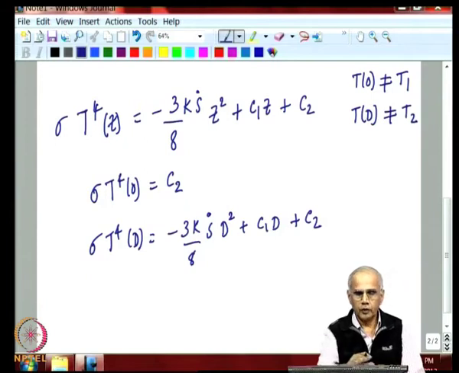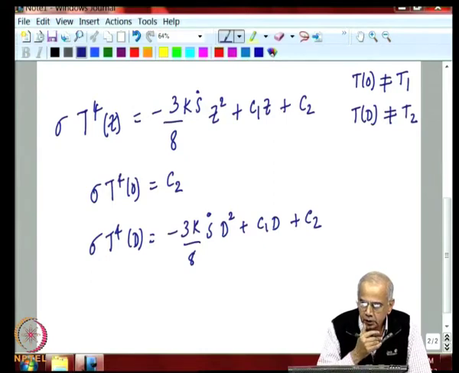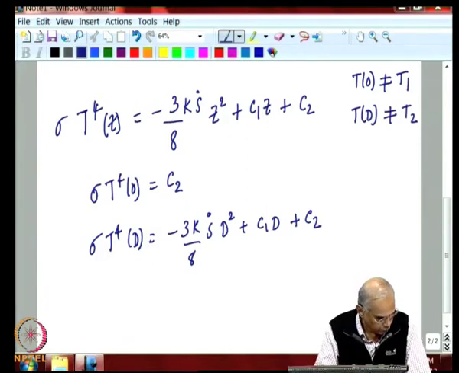So, we got two results now. We know what C2 is, we need to find C1, and C2 can be substituted here, so we can get C1 also.